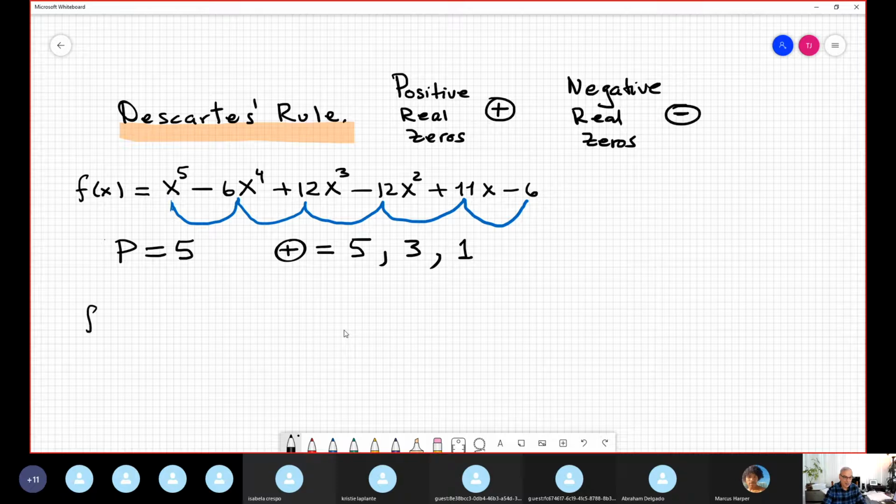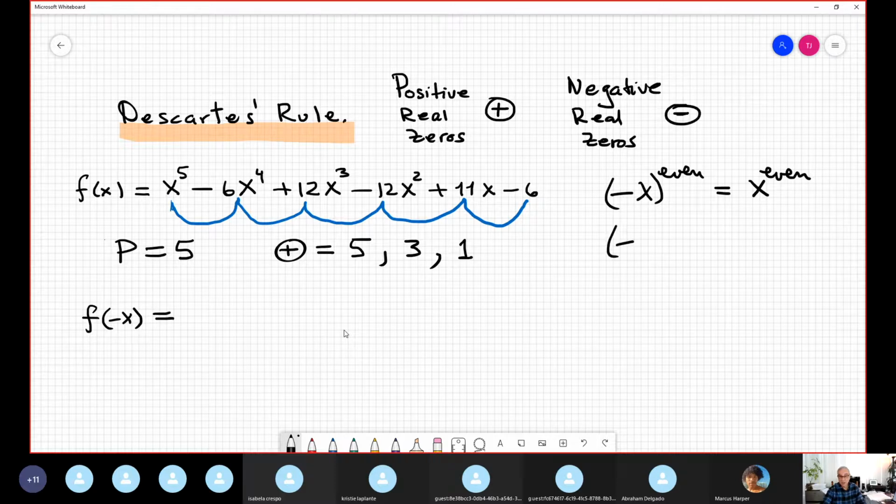When you make a reflection of this polynomial, you replace x for negative x. This is easy because it's similar to the original, except that the even exponents, 2 and 4, stay the same, because you know that negative x to an even exponent is x to the even exponent. So magically, the negative 1 disappears, right?